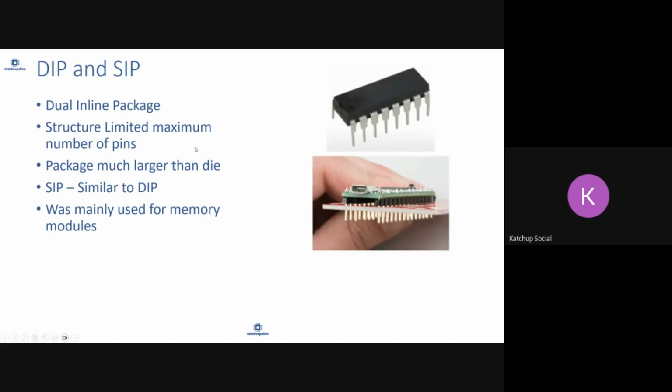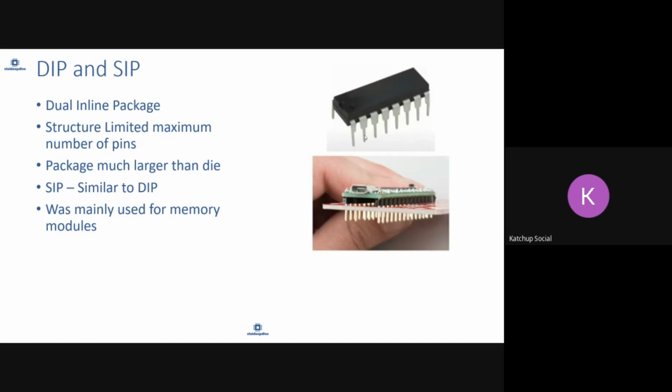The limitation with this was that the packaging structure limited how many pins you could have. The package was usually much larger than the die, which was very small, and there were a lot of pins connected to make it look bigger, because for bigger packages you required at least some minimum distance between the pins.